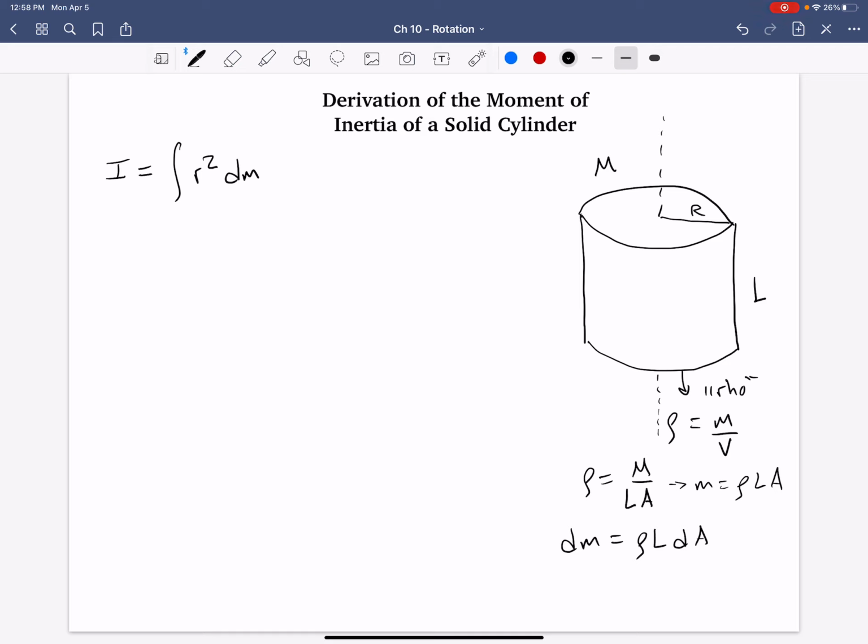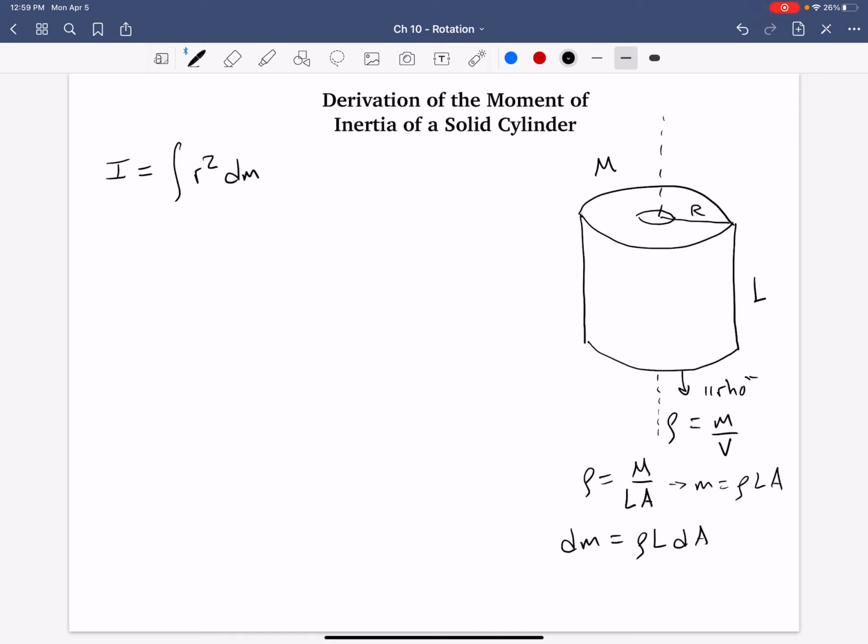Why? Well, let's think here. Concentric about this axis, we're going to have a bunch of circles, a bunch of discs of varying radii and varying area. We're going to take all of these circles and add them up at bigger and bigger radii until we get to the entire thing. More specifically, let me draw it like this.